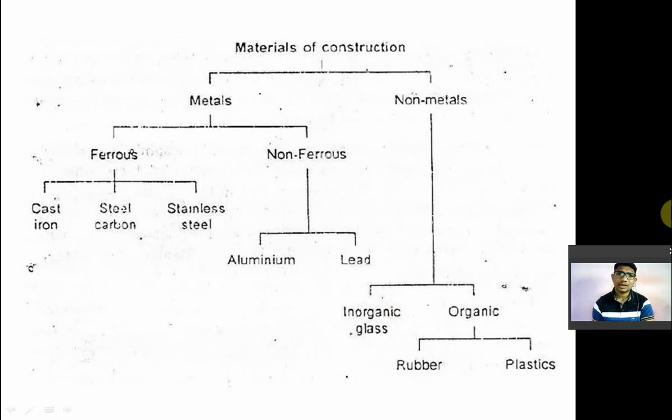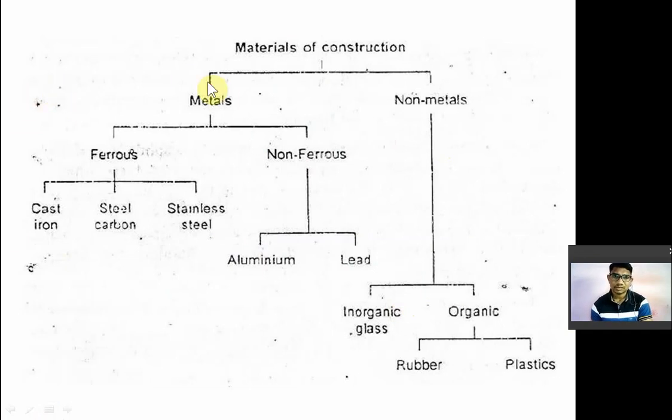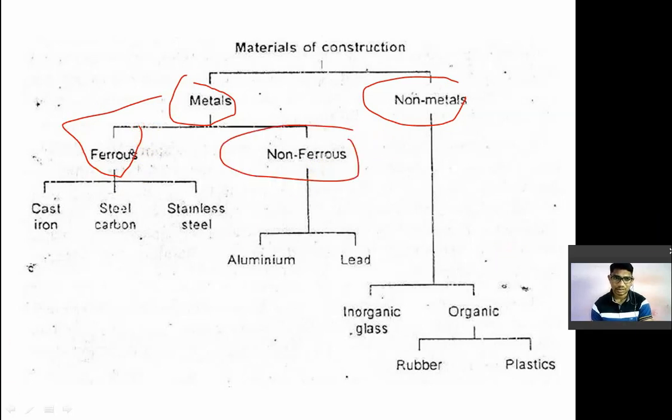Okay, so material for construction can be divided into different types. It may be either metals or non-metals. In metals, it may be either a ferrous metal or a non-ferrous metal. Ferrous means iron. In ferrous, a lot comes, like cast iron, carbon steel and stainless steel.